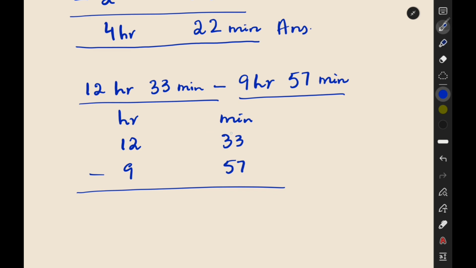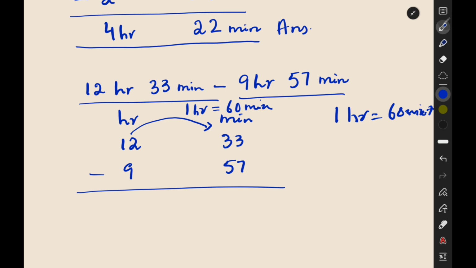Why 60 minutes? Because this 12 hours gives 1 hour to the 33, and that 1 hour will change into 60 minutes, because 1 hour is equal to 60 minutes.